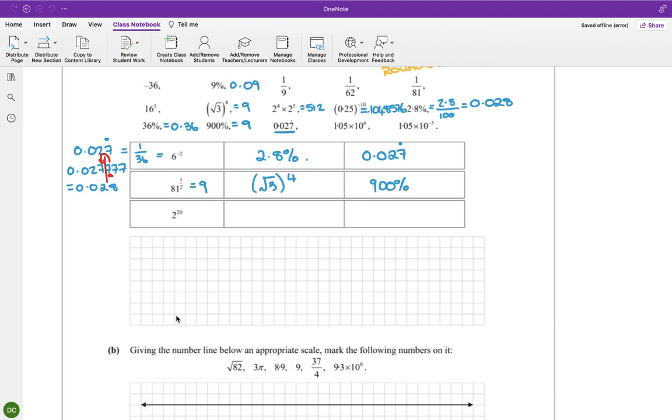Okay, so I'm typing that in. Oh, that's the one I got. Okay, so it's 1048576, which I got up there. So that is 0.25 to the power of minus 10.